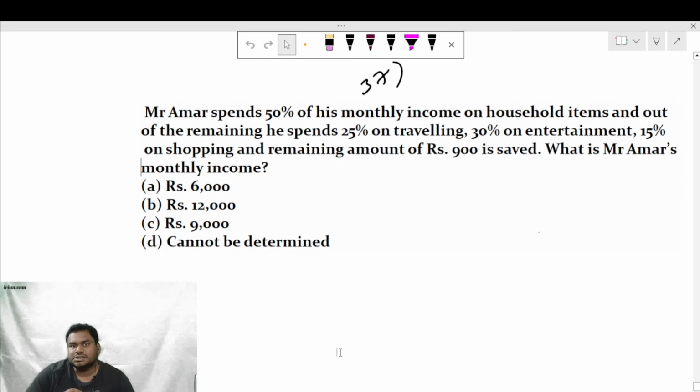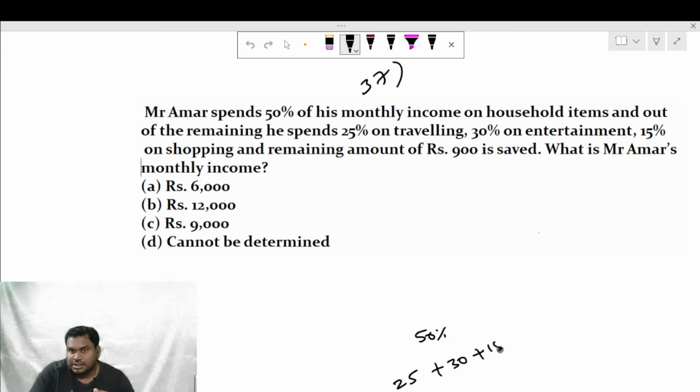He spends 50% of his monthly income on household items, and out of the remaining he spends 25% on traveling, 30% on entertainment, and 15% on shopping. The 50% already spent, remaining is 50%. In this, he is spending a total of 70% of 50%.